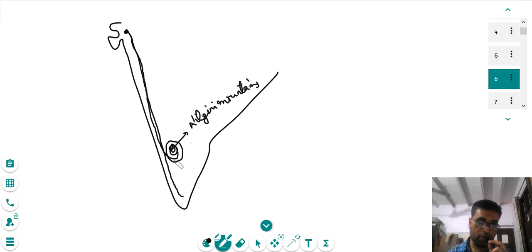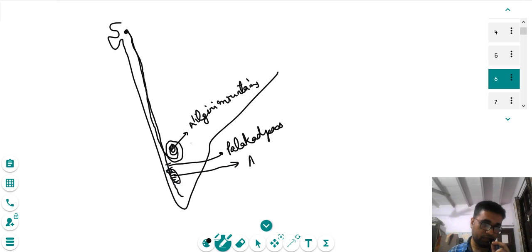After Nilgiri, you have the Palakkad Pass, also called Palaghat Pass. After that, you have the Agastyamalai Hills.